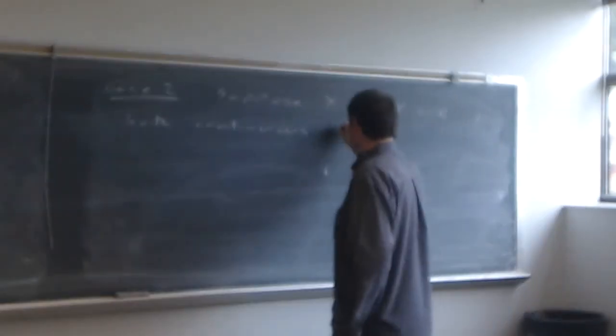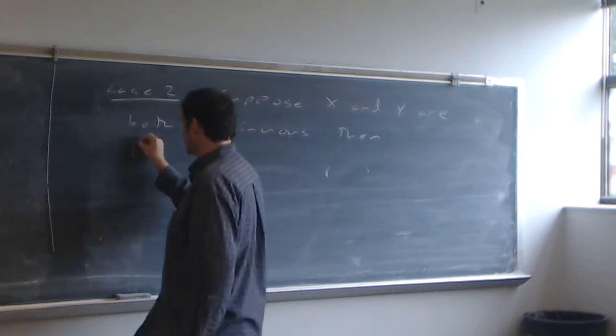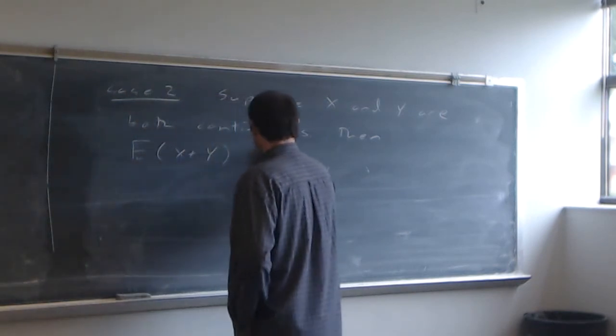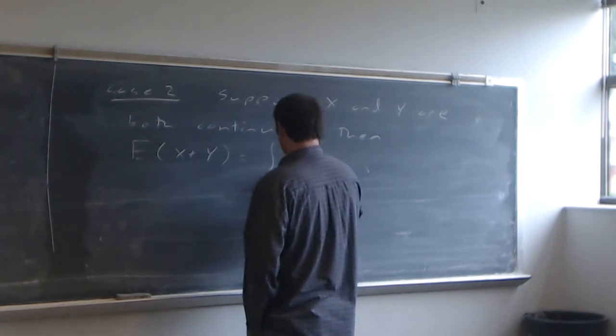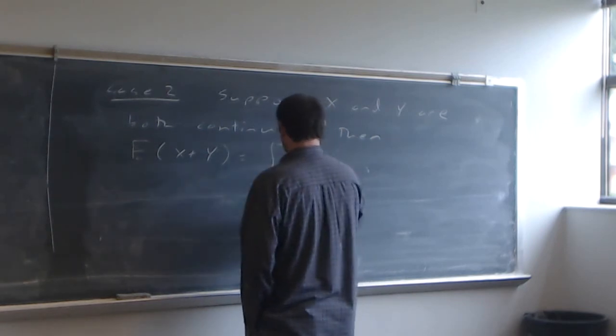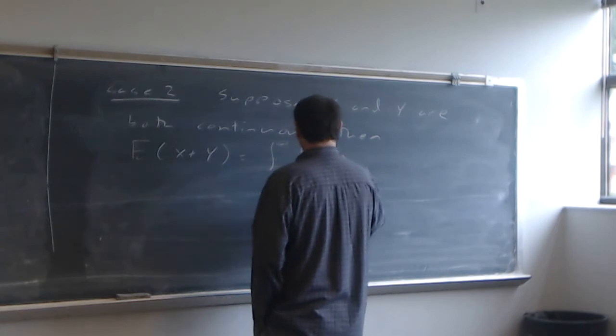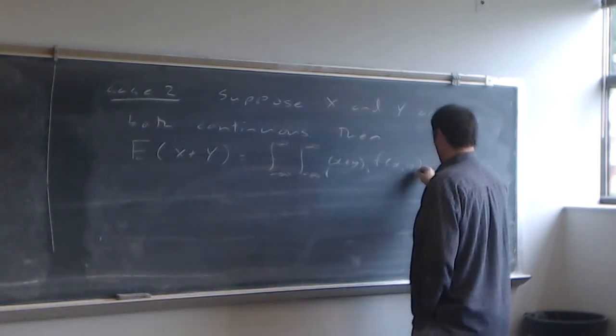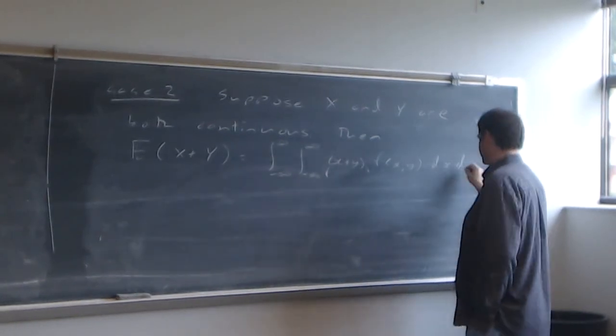Then the expected value of x plus y is equal to this double integral from minus infinity to infinity, minus infinity to infinity, of x plus y, f of x comma y, dx dy. That's what it is by definition.